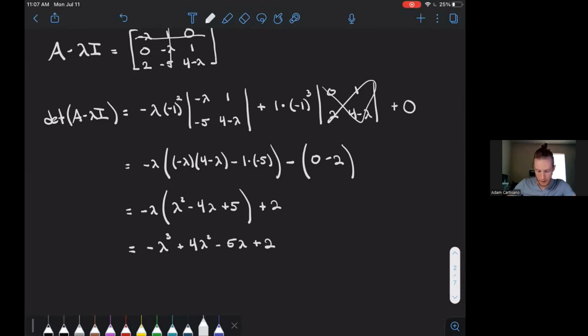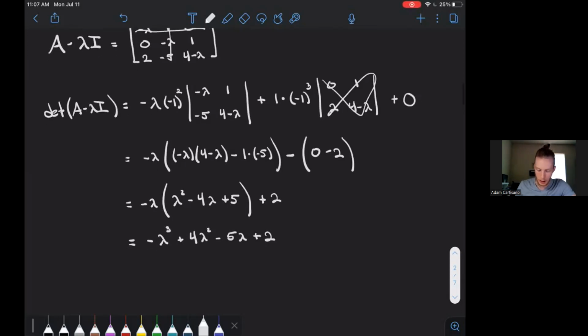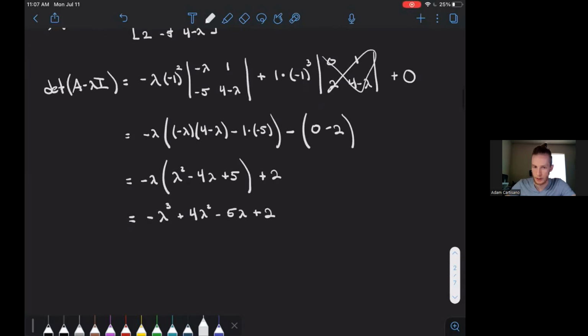And now we want to use some kind of strategy for computing the roots of this polynomial. You can use the rational roots theorem if you remember that from algebra. You don't have very many options with that one, right?